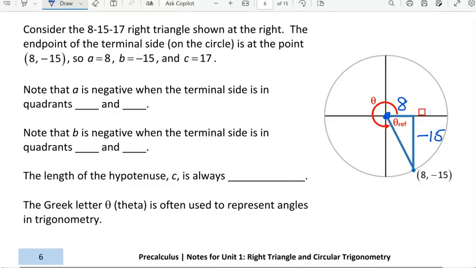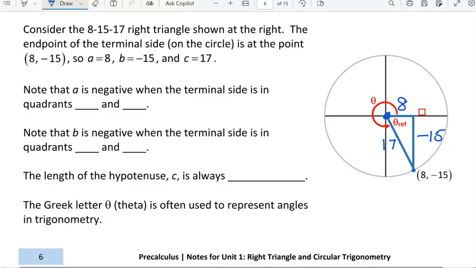So we're going to consider the adjacent side, or the horizontal side, to be of length 8, and the opposite side to that reference angle, or the vertical side, to be negative 15 in length. So we're going to give a directed distance, negative indicating that it is hanging down from the x-axis. So that means that our hypotenuse is 17.